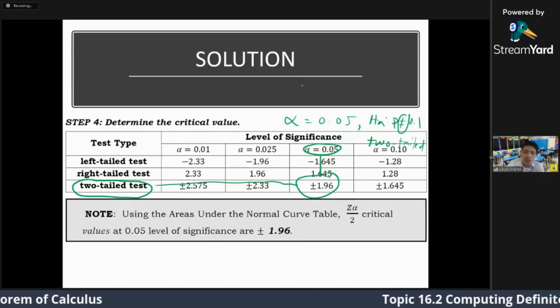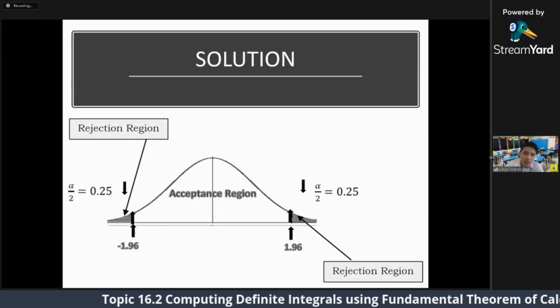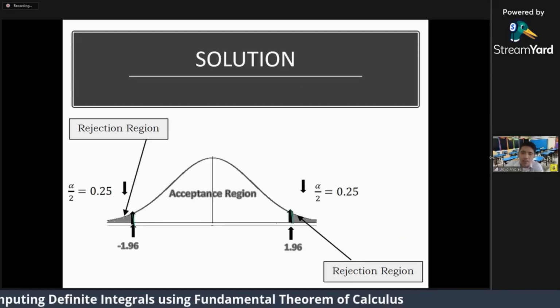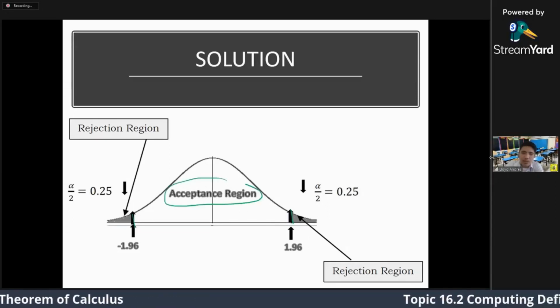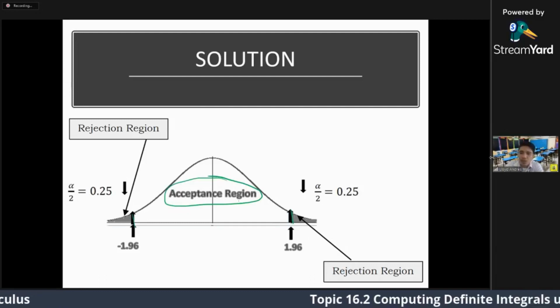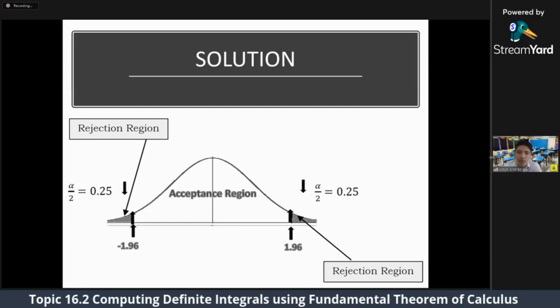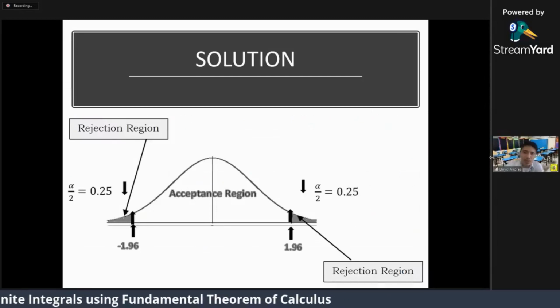Sketching that one, here is negative 1.96 and here is positive 1.96. These are our rejection regions, while the middle is our acceptance or non-rejection region. After you sketch, you locate where your computed value is. Your computed value is positive 5.61.